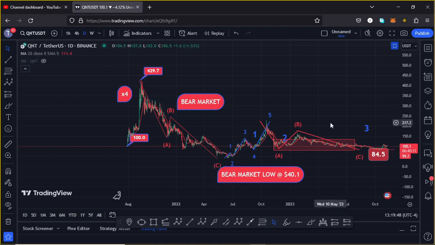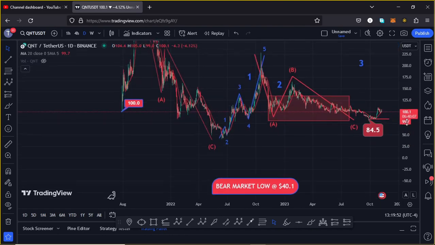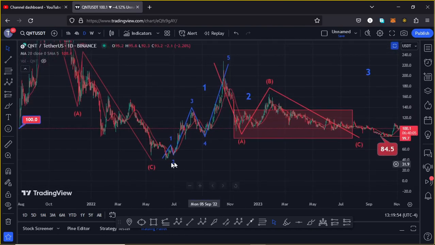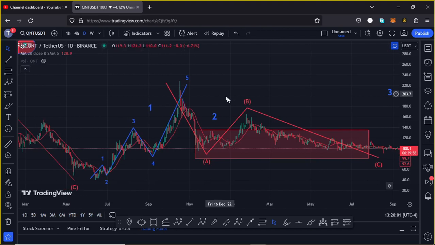After seeing the bear market low, we continued to obey the Elliott structures, where you can see that we peaked in a 5-wave move over here, giving us a high above the $229 mark, completing the formation of this larger Elliott wave count 1.